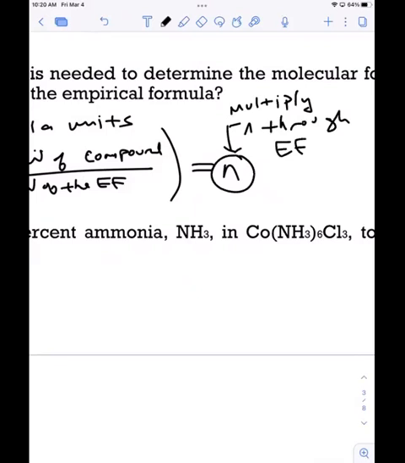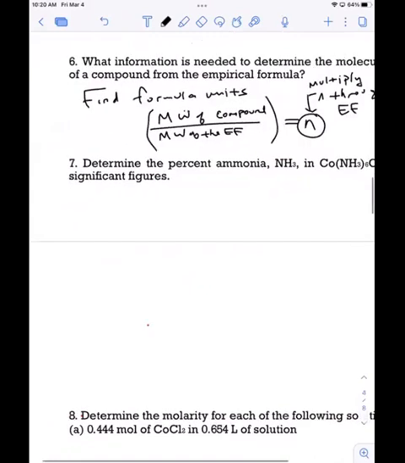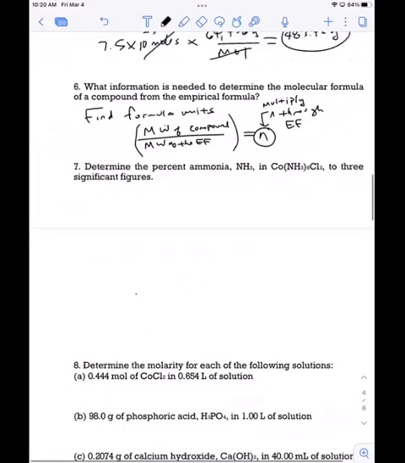Yes. So in order to find the molecular formula from the empirical formula, we need the molecular weight of the compound and the molecular weight of the empirical formula. Once we do that, we can find the formula units, and then multiply that by the empirical formula, and it'll give us the molecular formula.